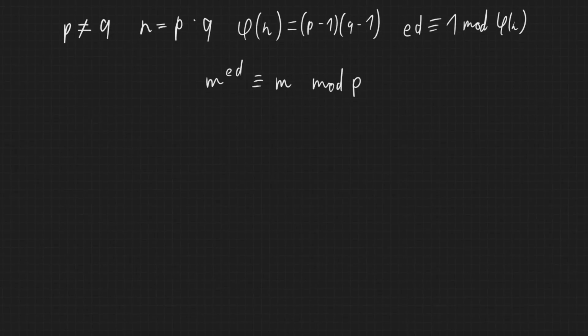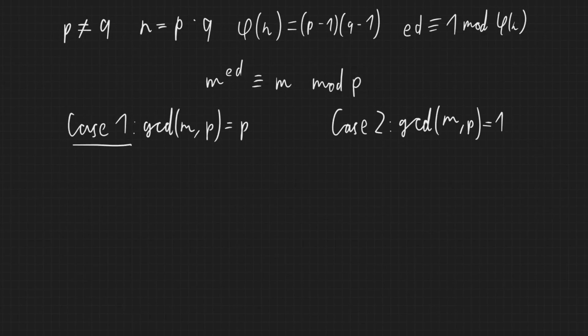Let's look at why it works modulo p. There are actually 2 cases we need to handle separately depending on the GCD of m and p. Remember that the GCD can only be p or 1 because p is prime and these are the only factors p has. Let's look at case 1 first. If the greatest common divisor of m and p is p, this means m is divisible by p.